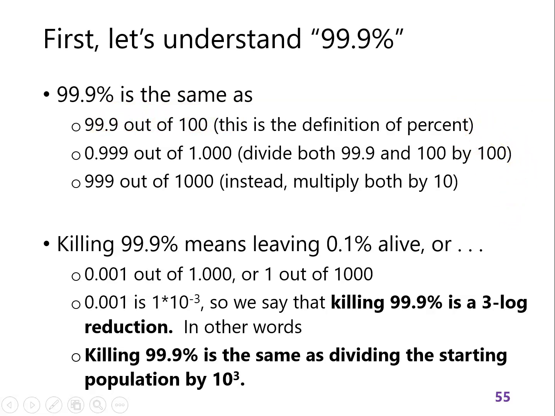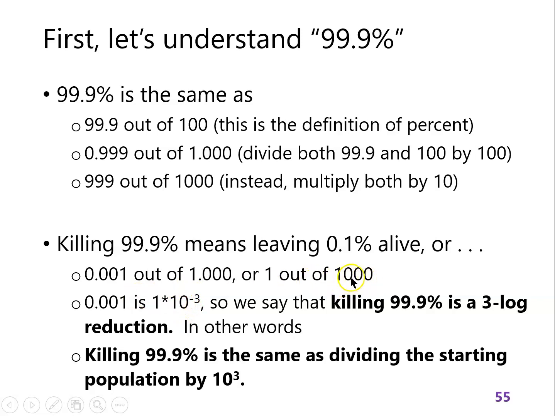It's just you might be more comfortable thinking about it as a percent or out of 1 or out of 1,000, whatever. So if you kill 99.9%, you leave 0.1% alive. So that's 0.001 out of 1, or 1 out of 1,000. That's 10 to the minus 3, right?